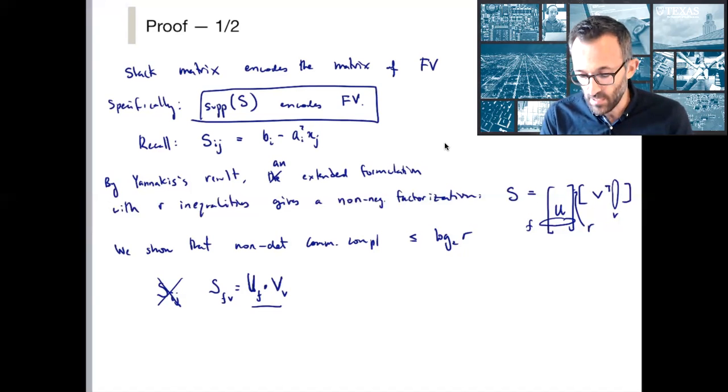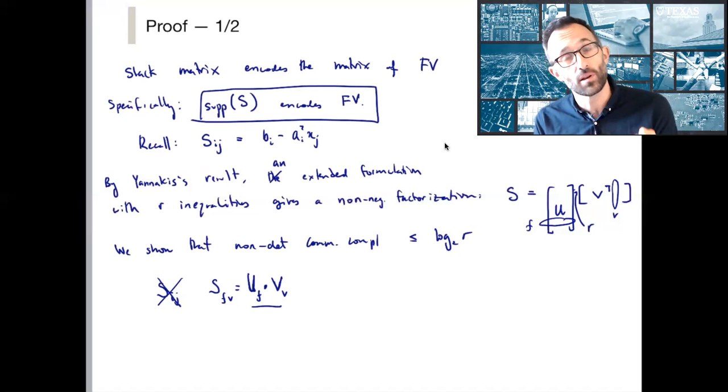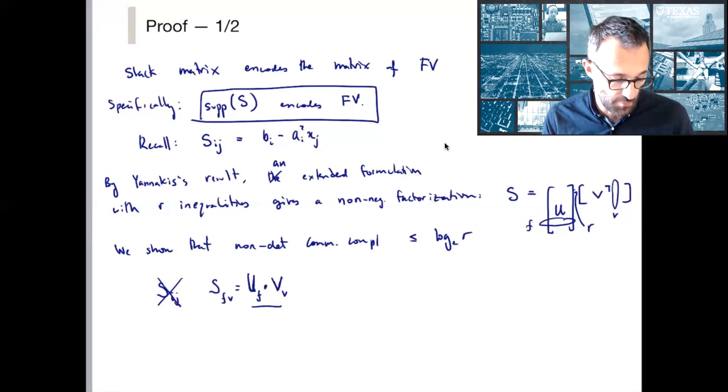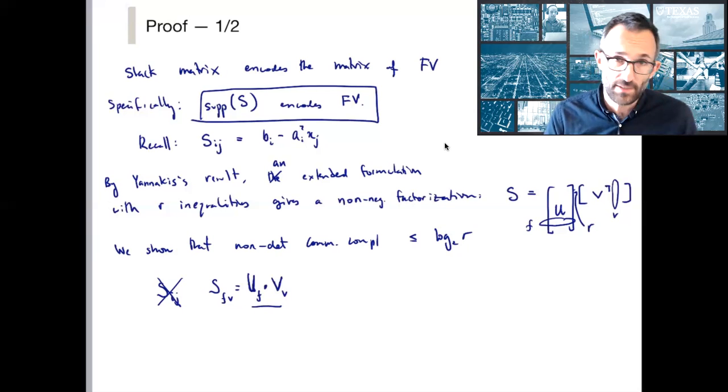It's strictly positive if and only if there is at least one coordinate, the same coordinate, such that the ith coordinate of uf and the ith coordinate of vv are strictly positive. And this is again because of non-negativity, because we can't have any cancellation.